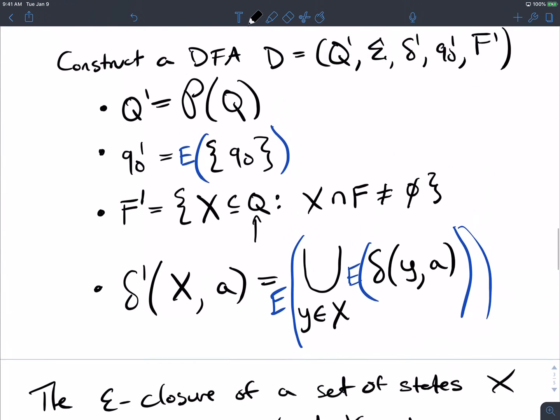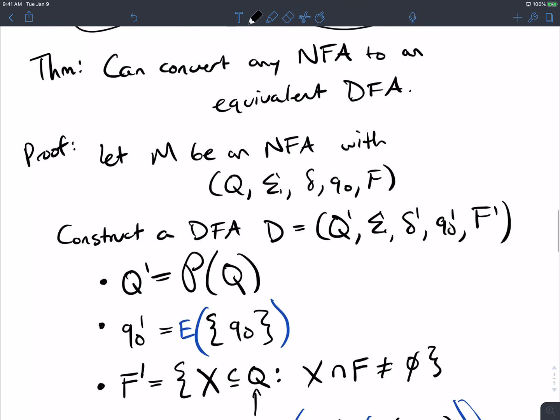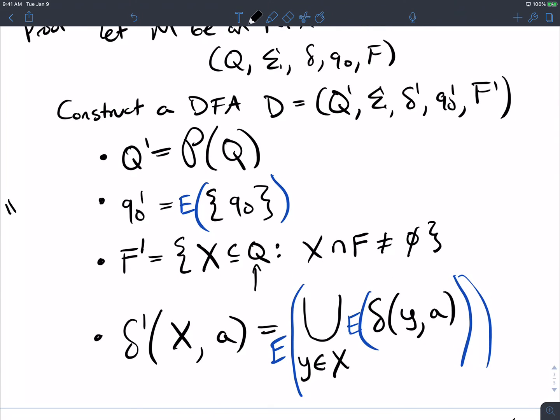And there's actually a name for this construction. It's called the Powerset Construction. I should have mentioned that earlier. You may wonder why it's called Powerset. Because we're taking the power set of the set of states. Like the product construction did the Cartesian product, we're doing power set.